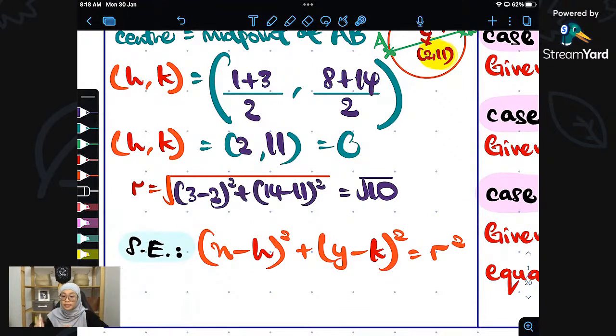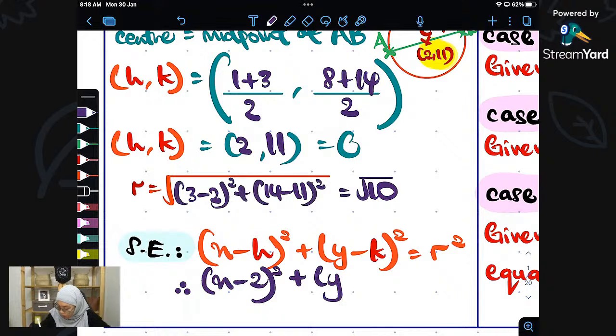So the equation of circle is having h and k, which is 2 and 11. So now we put a conclusion, x minus 2 squared plus y minus 11 squared, which equals square root 10, the whole thing squared.